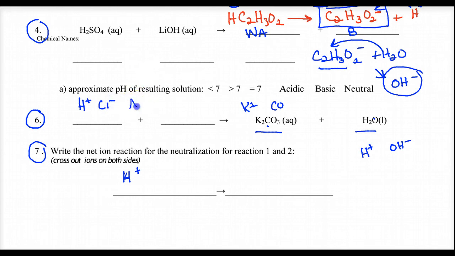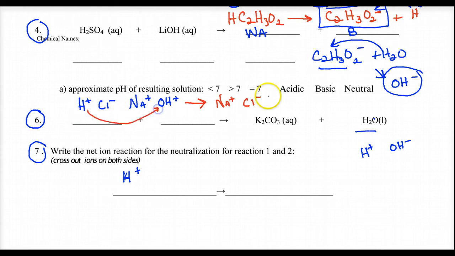The base is Na plus and OH negative. The reason why I'm writing them broken apart is because they're strong. And what happens? They double replace, and they make Na plus and Cl negative. And guess what? The H plus and OH negative find each other to make water.